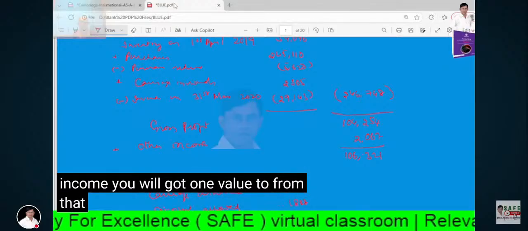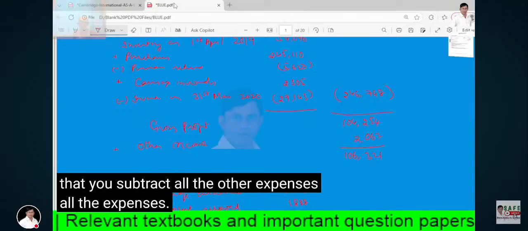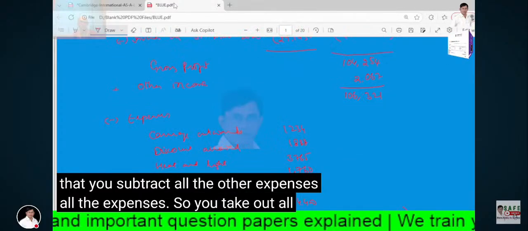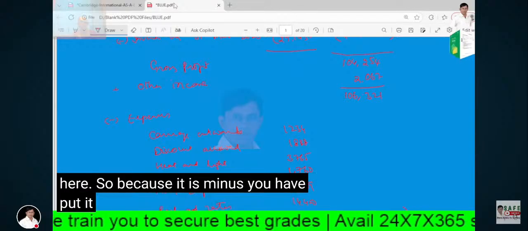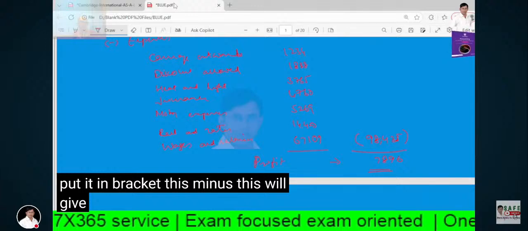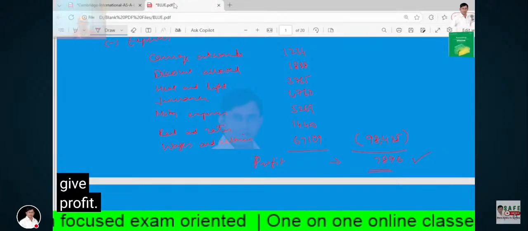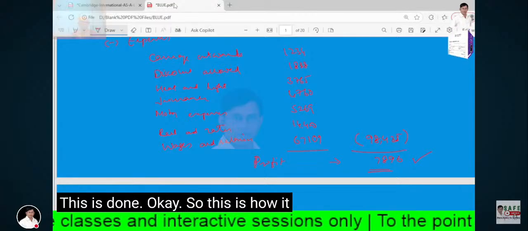From that you subtract all the other expenses. You add all the expenses and put it here. Because it is minus, you have put it in bracket. This minus this, and it is done. Okay. So this is how it is.